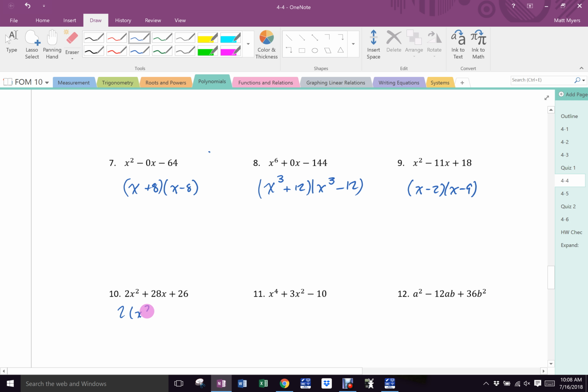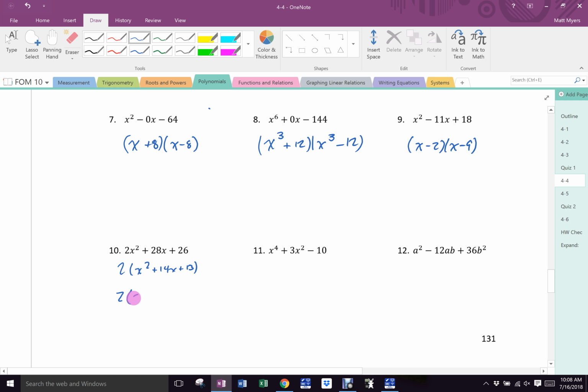2 x squared plus 14x plus 13. If you got that far, you got a half a mark. But of course, you finished it to x plus 13, x plus 1 to get the whole mark. X squared plus 5, x squared minus 2, and a minus 6b.